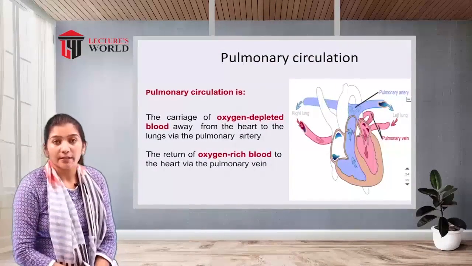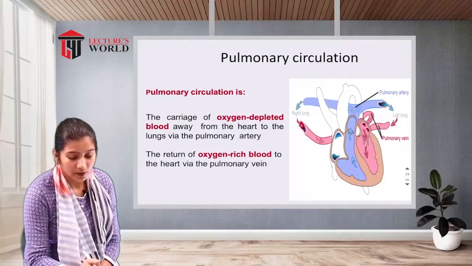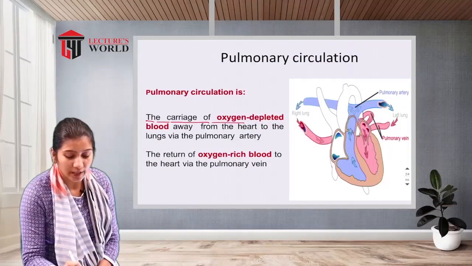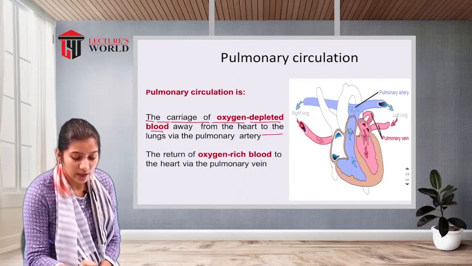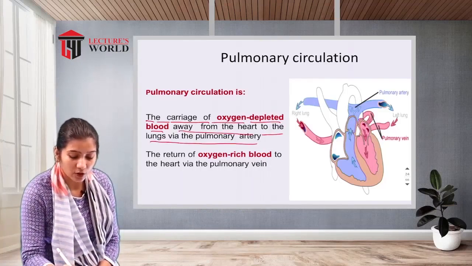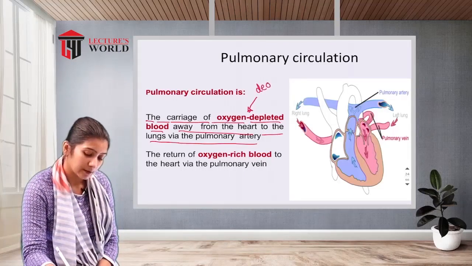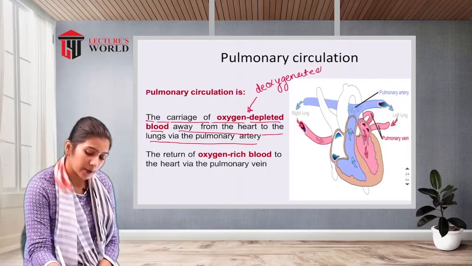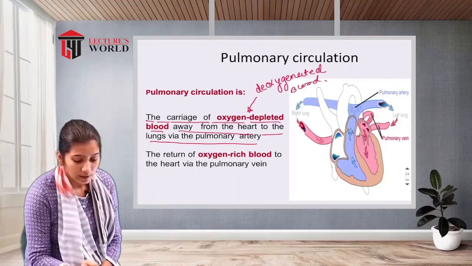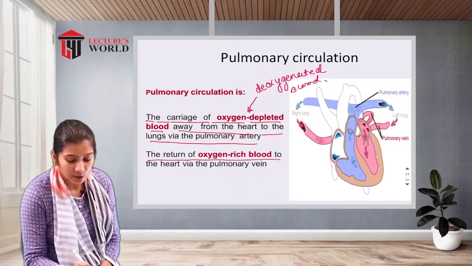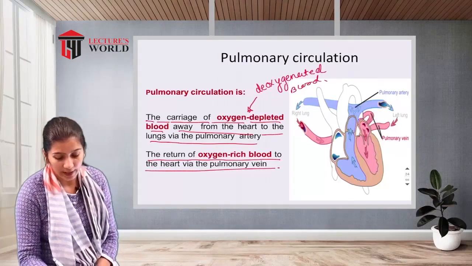So the pulmonary circulation: the carriage of oxygen depleted blood, that is deoxygenated blood, away from the heart to the lungs via the pulmonary artery, and the return of oxygen rich blood to the heart via the pulmonary vein.